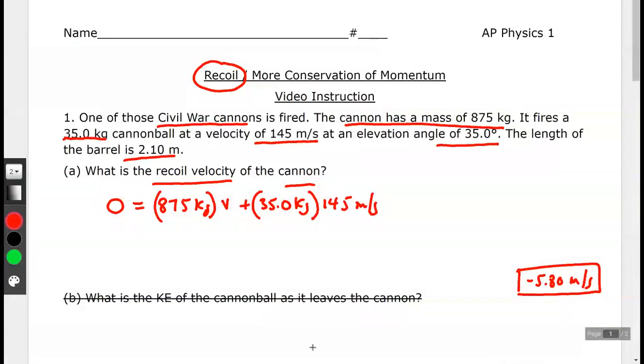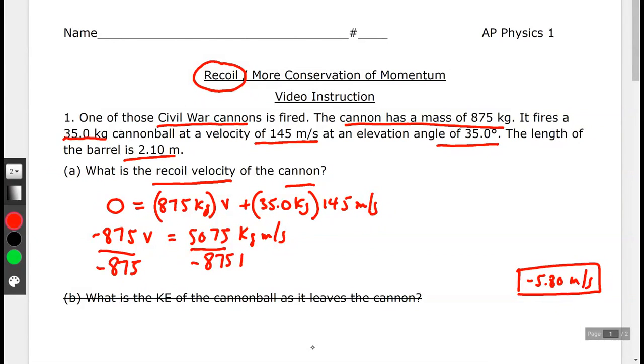To solve for V, we subtract 875V from both sides. That equals 35 times 145, which is 5075 kilogram meters per second. Divide both sides by negative 875 kilograms, and you'll find the velocity.